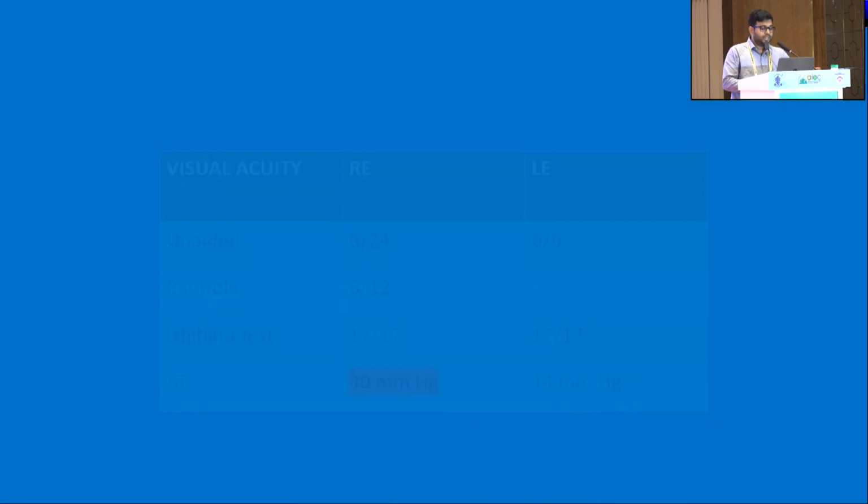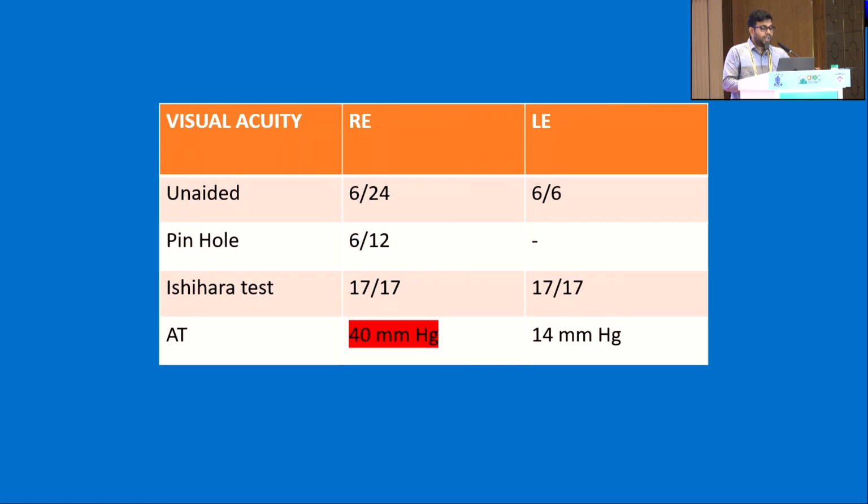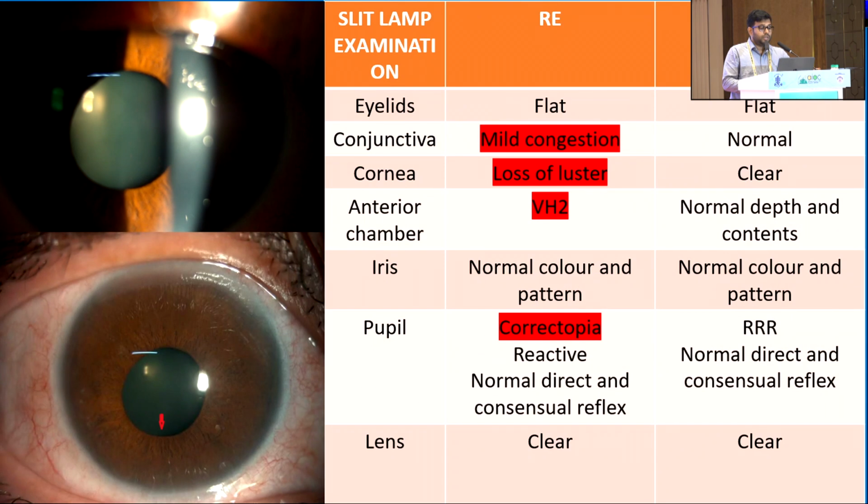On examination, her right eye unaided vision was 6/24, correcting with pinhole to 6/12, and left eye vision was 6/6. On applanation tonometry, right eye intraocular pressure was 40 mm Hg. On slit lamp examination, right eye conjunctiva was mildly congested, cornea was a little lusterless, and anterior chamber was Van Herick's grade 2.